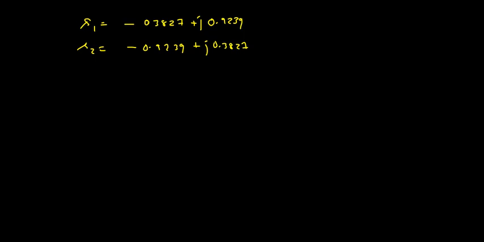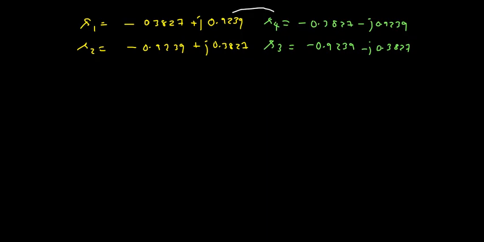Interestingly, you will get S3 as minus 0.9239 minus j 0.3827 and S4 as minus 0.3827 minus j 0.9239. So as you guessed correctly, these are all complex conjugates. This is a complex conjugate of this and this is a complex conjugate of this.